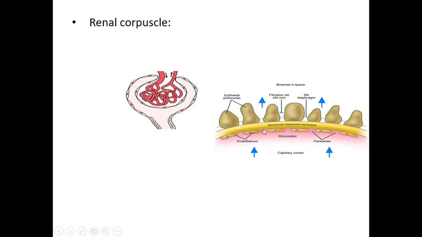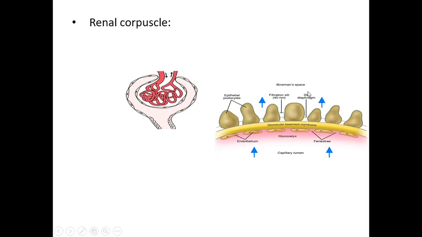So it has got the glomerular basement membrane. First of all, the epithelial cells of the capillaries, glomerular capillary, then the glomerular capillary basement membrane, and then we have the podocytes. So podocytes have got slits in between.